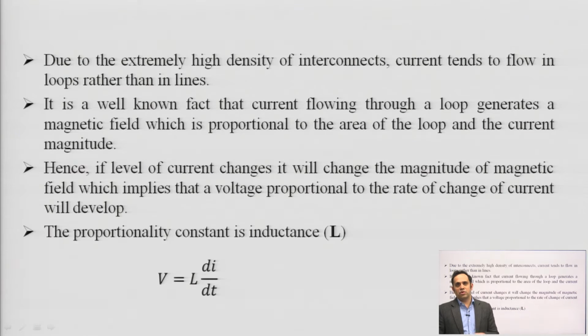So, the back EMF generated, or the voltage developed, is directly proportional to the rate of change of current, and this proportionality constant is basically the inductance. So, the equation which we discuss here is V, the voltage developed, equal to L dI by dt. This is the phenomenon, the property of inductance.